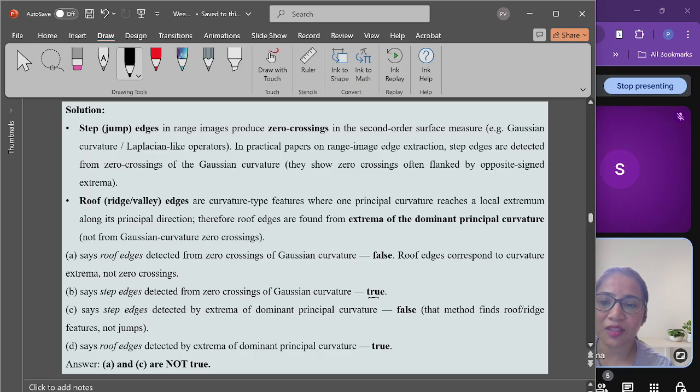Now option C says step edges are detected from the extrema of the dominant principal curvature. So it is also false. That method finds roof edge features, not a jump. Okay, option D is roof edges detected by the extrema of the dominant principal curvature. So that's true. They have asked which option is incorrect, so options A and C are the incorrect options.